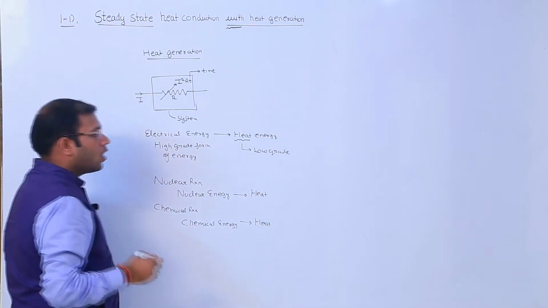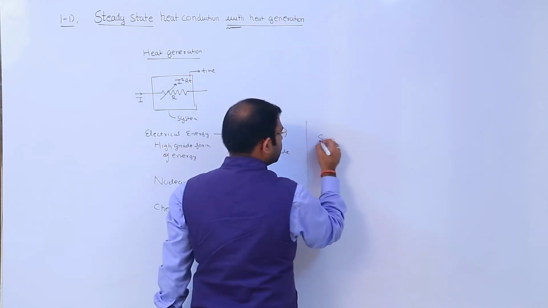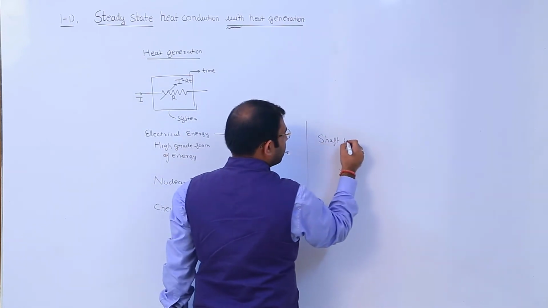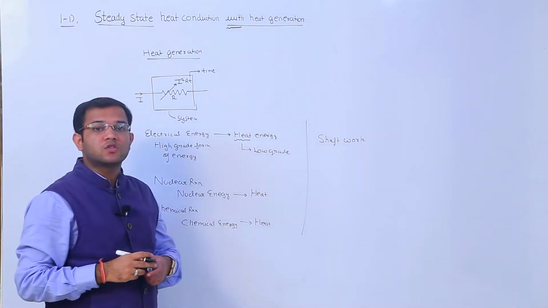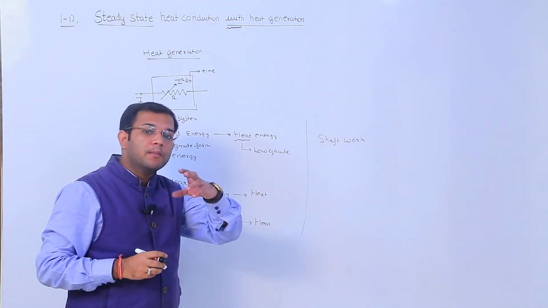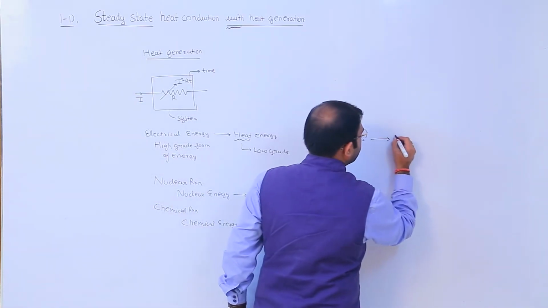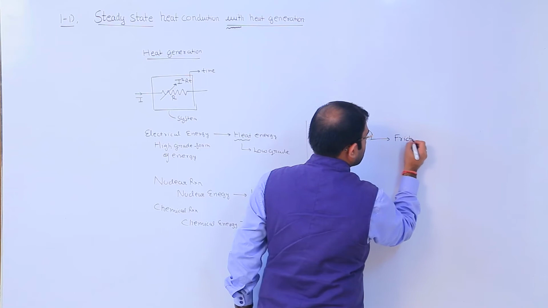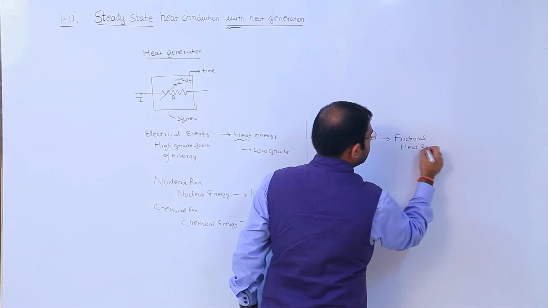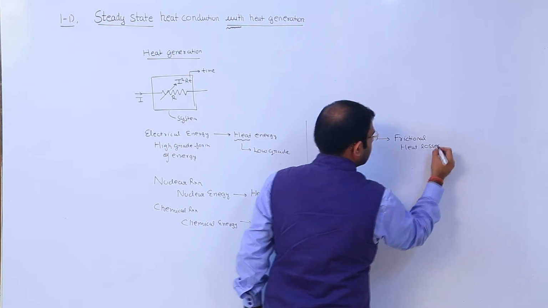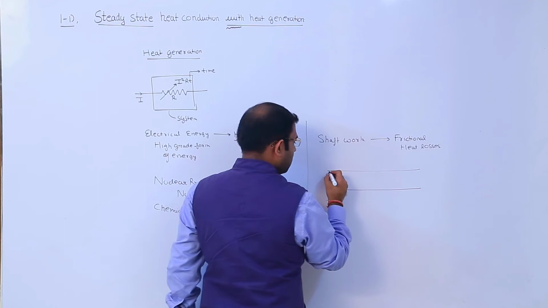Fine. Or suppose there is a shaft work and this shaft is rotating within the bearings. So there will be some frictional heat losses. Now see, suppose this is the shaft.